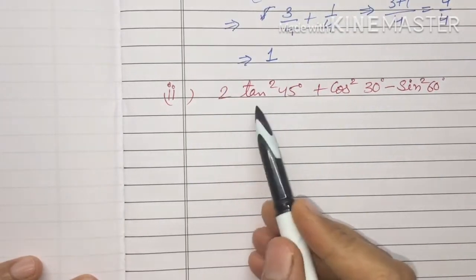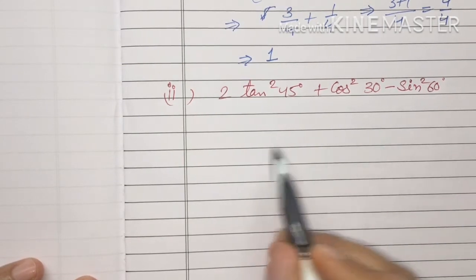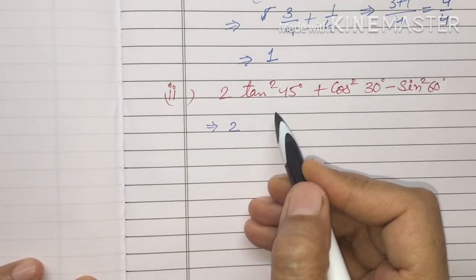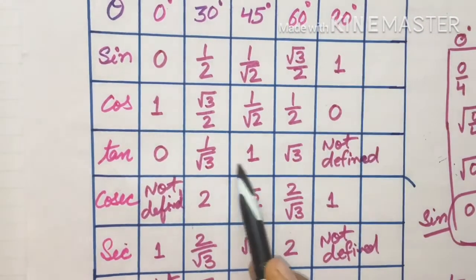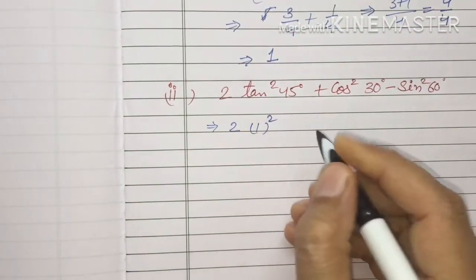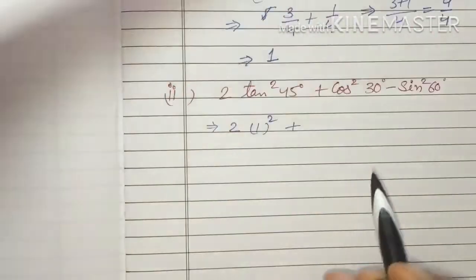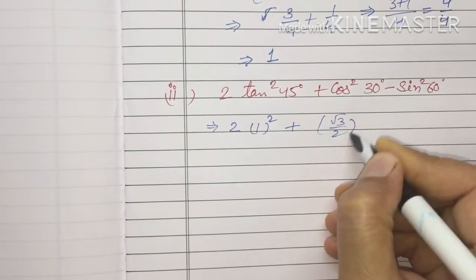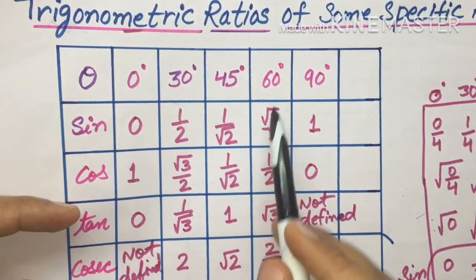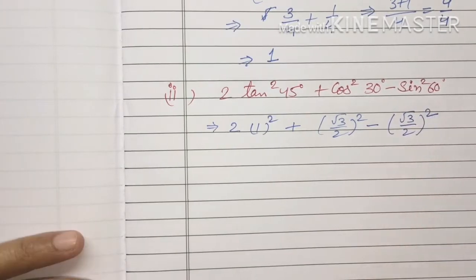Second question is 2 tangent square 45 degree plus cos square 30 degree minus sine square 60 degree. So we will put the value of these trigonometric ratios. 2 tan 45. The value of tan 45 in our table is 1. So we will put 1 here, and square of that, plus cos 30 degree is root 3 upon 2, and square of that, minus sine 60 degree is root 3 upon 2, and square of that.